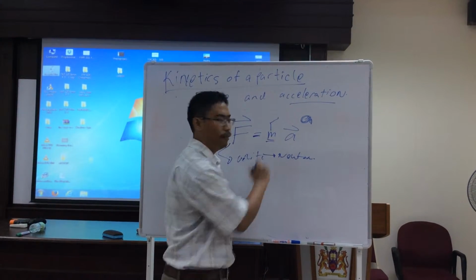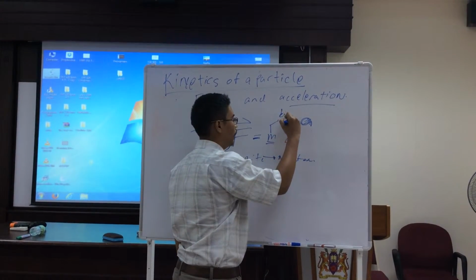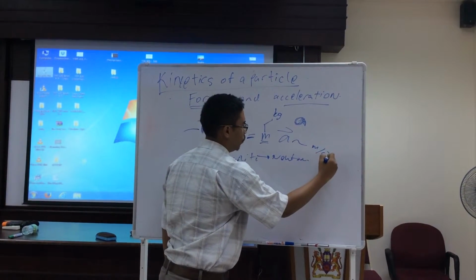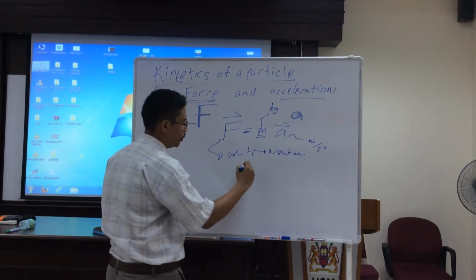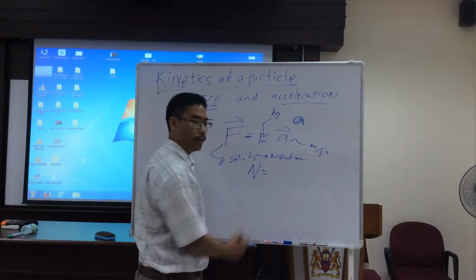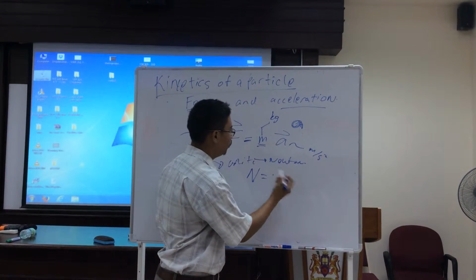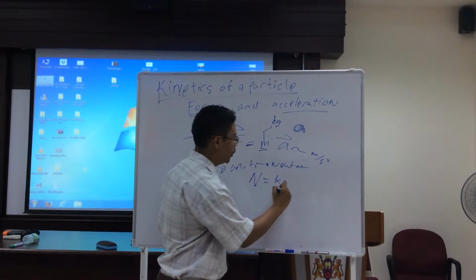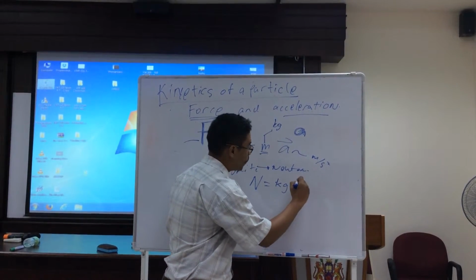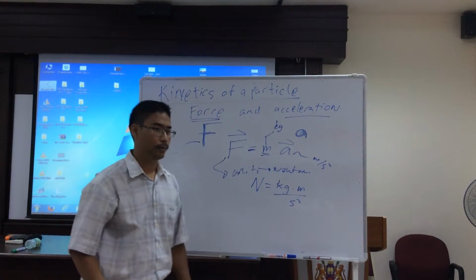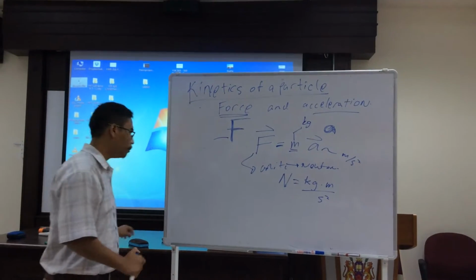M here is mass, in kg, and a is in meters per second squared. So in other words, the unit Newton can also be interpreted as kg meter per second squared.